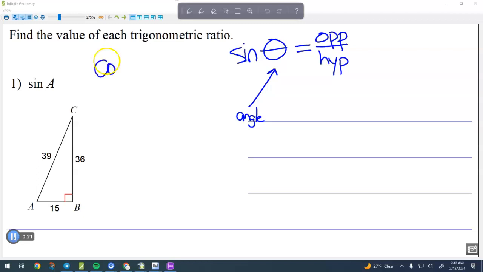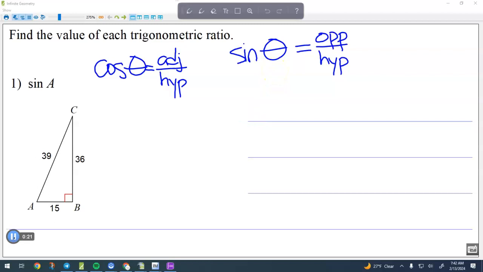And then cosine of theta equals adjacent over hypotenuse. Again, theta just means angle. It's like a variable. It's just like cosine of x. Might as well be an x. For some reason in angles we work with Greek letters instead.